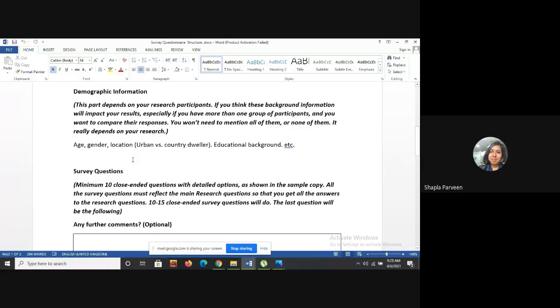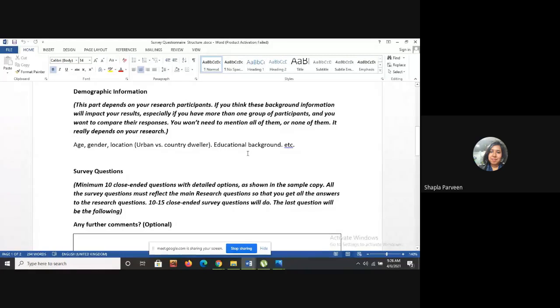And then location, if you want to compare results for the city dwellers and, say, the village dwellers, because now you're going to collect online. If you also have that group and you want to compare the results, then the location of the respondents is also required.